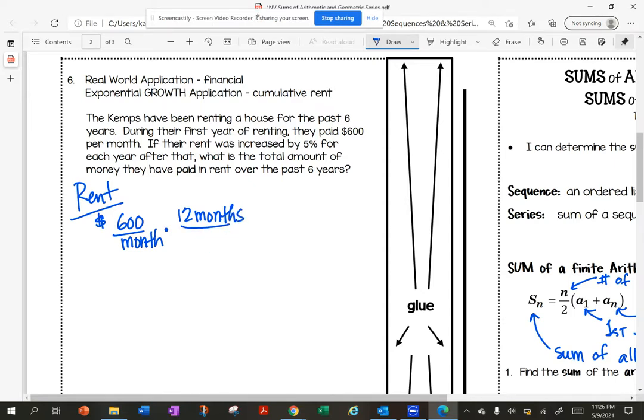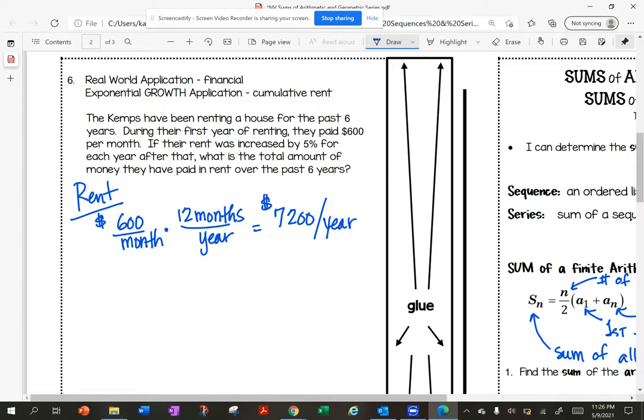So 600 times 12 is 7,200. So we're paying 7,200 per year.